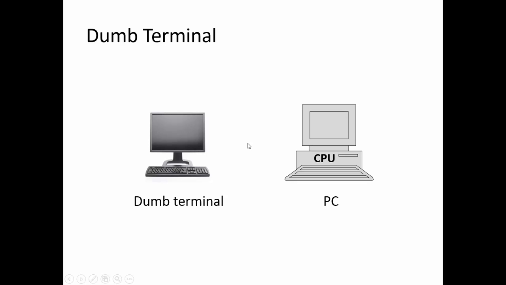And to get to the mainframe, users stand at a dumb terminal to log into the mainframe. Now, a dumb terminal is only a keyboard and a monitor. A dumb terminal is not really a computer. A PC, a personal computer, has a CPU, and it can add 2 plus 2. But a dumb terminal is simply a monitor and a keyboard.